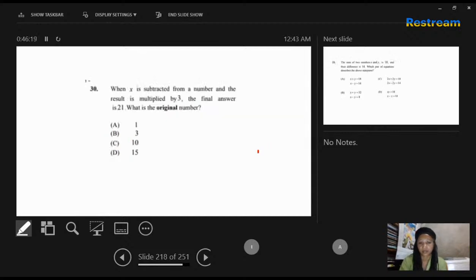Alright, Imani. Number 2. When x is subtracted from a number and the result is multiplied by 3, the final answer is 21. What is the original number?